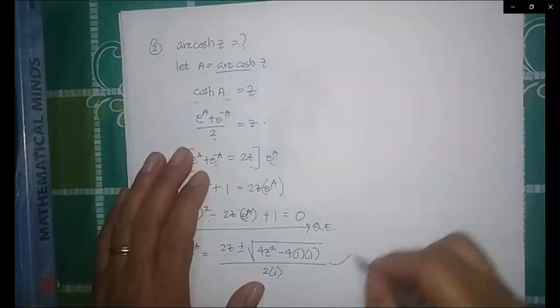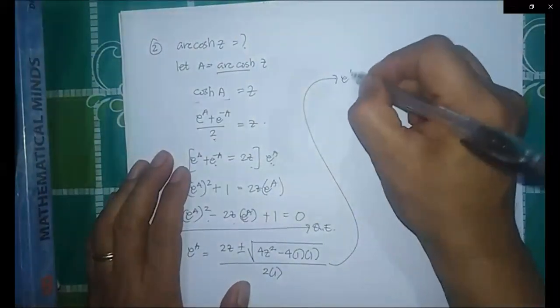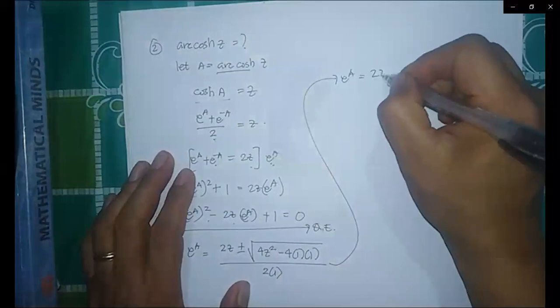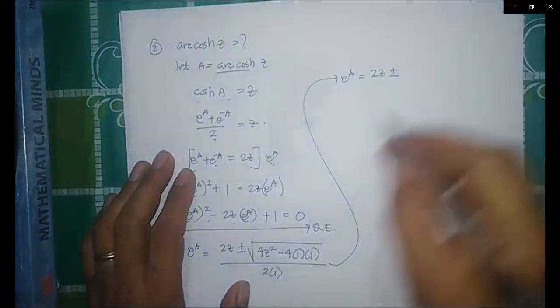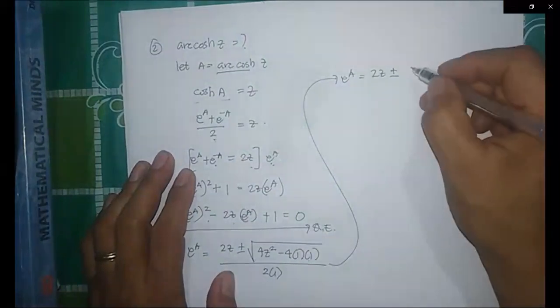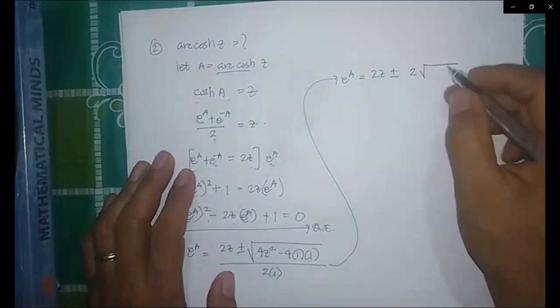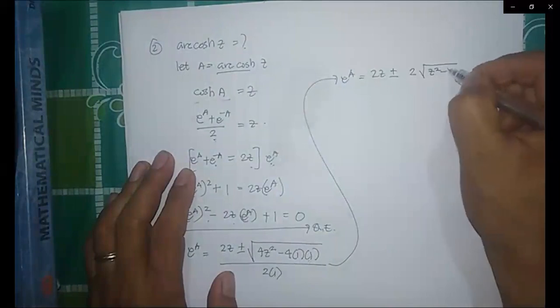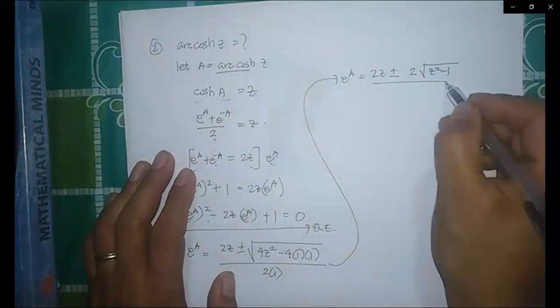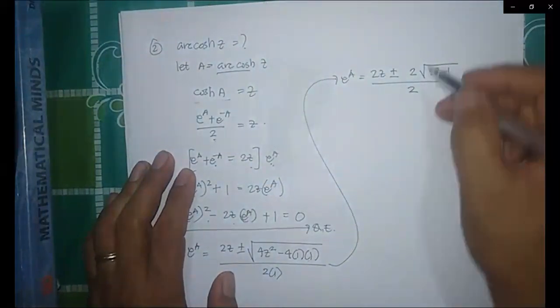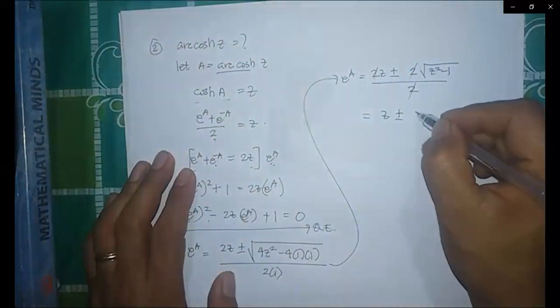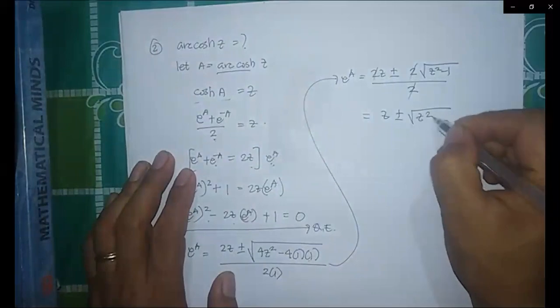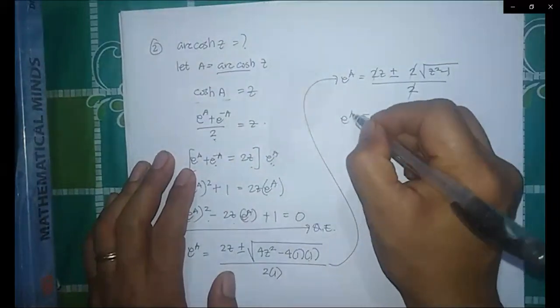Now, if we simplify it further, we factor out 4 and put that outside the square root sign. Since that is a perfect square, that becomes 2, and the remaining terms inside the square root sign is z squared minus 1 all over the denominator 2. Now, if you divide the whole numerator by 2, the result will be z plus or minus the square root of z squared minus 1.